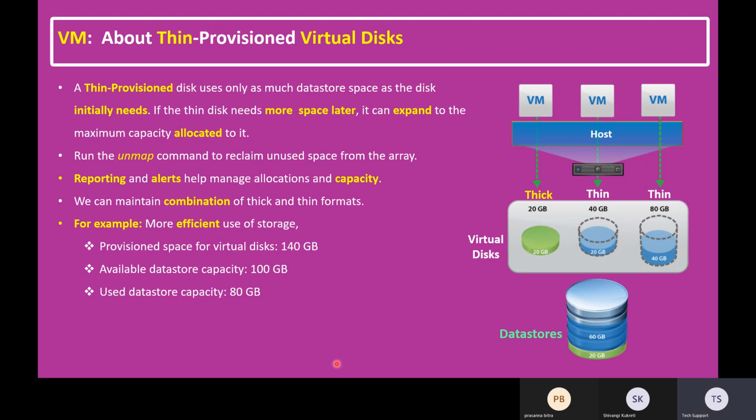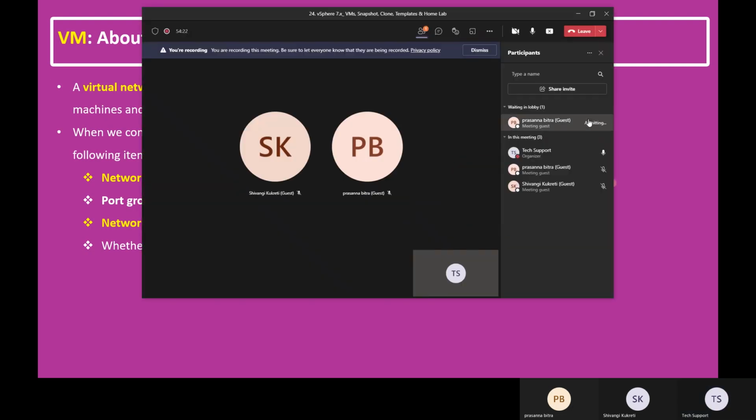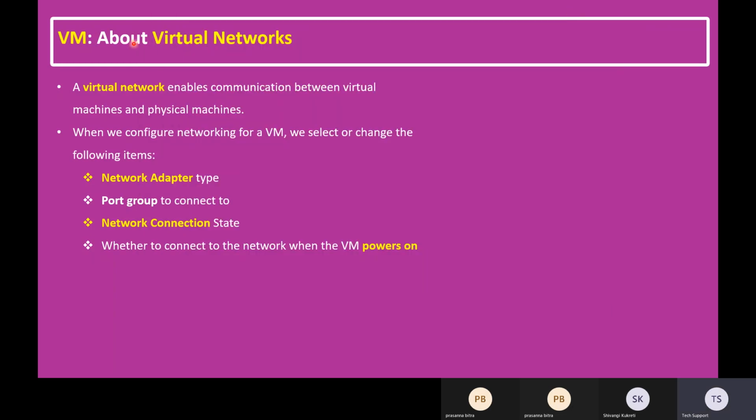Okay. So until now, we discussed the CPU, memory, disk. Now we'll talk about the virtual hardware. Another component is network. So virtual machine about virtual network. Within our virtual network, we can see a virtual network enables communication between virtual machines and physical machines.